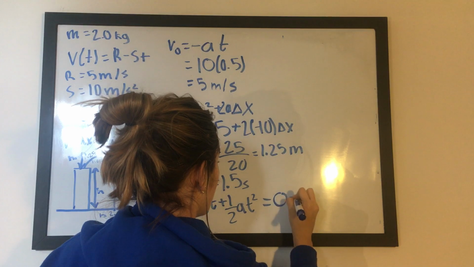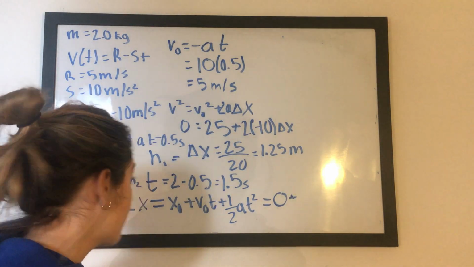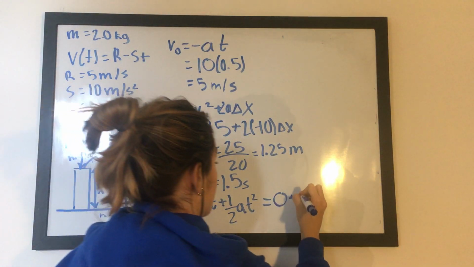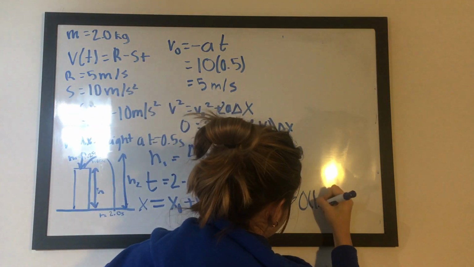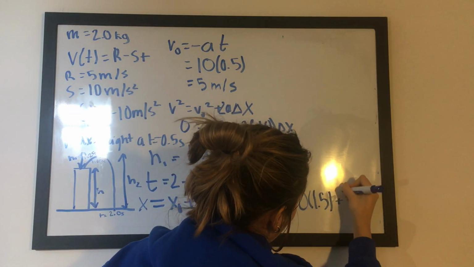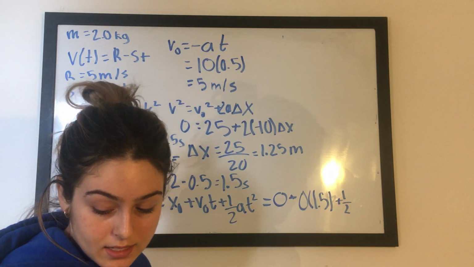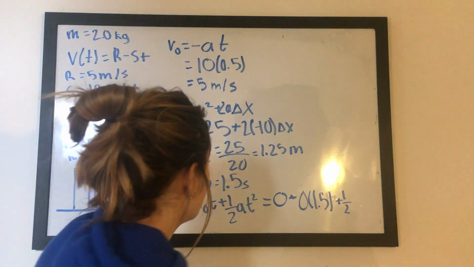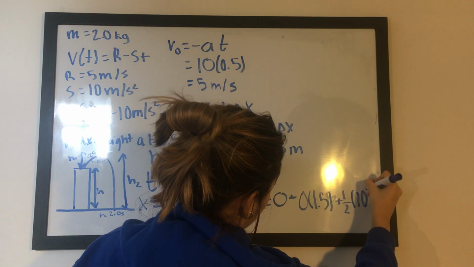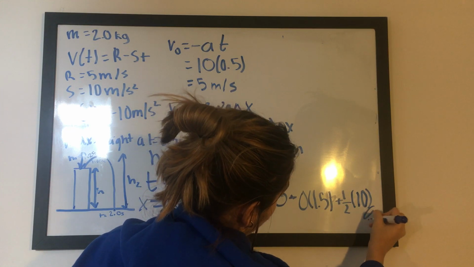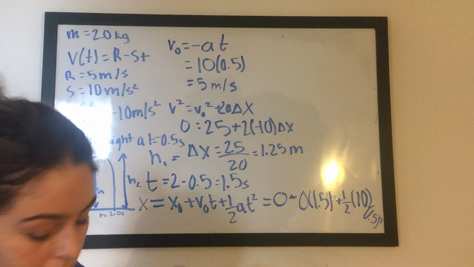The velocity initial is again 0 because the object is essentially falling from rest, times 1.5 because that is the time elapsed, plus 1/2 times the acceleration, which again is 10, times 1.5 squared, which is the time squared.